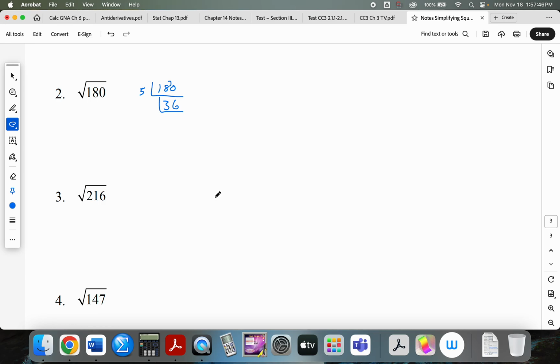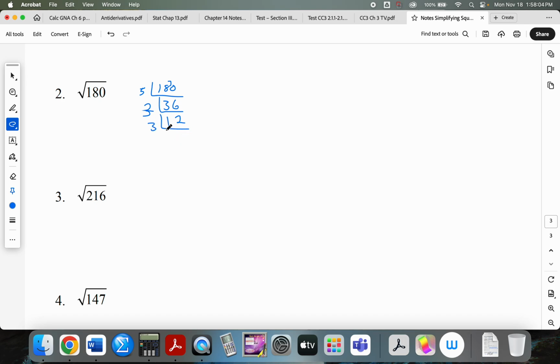6 is not prime because it's divisible by 2 and 3. 2, or 3. Let's do 3. I think division by 3 is easier on this one. 3 into 36 is 12.